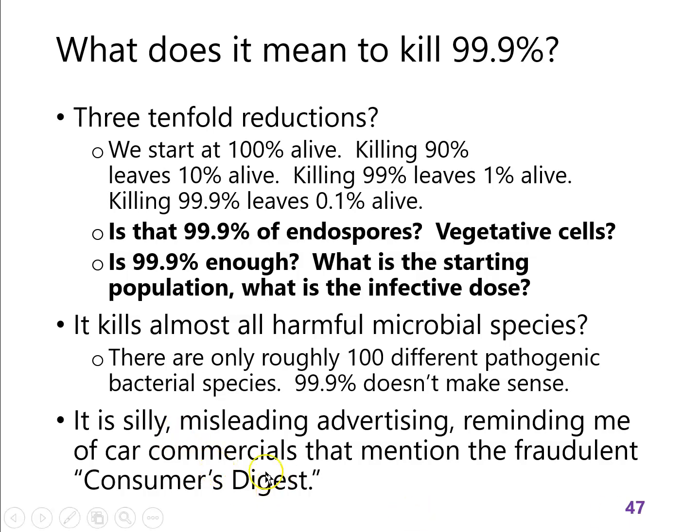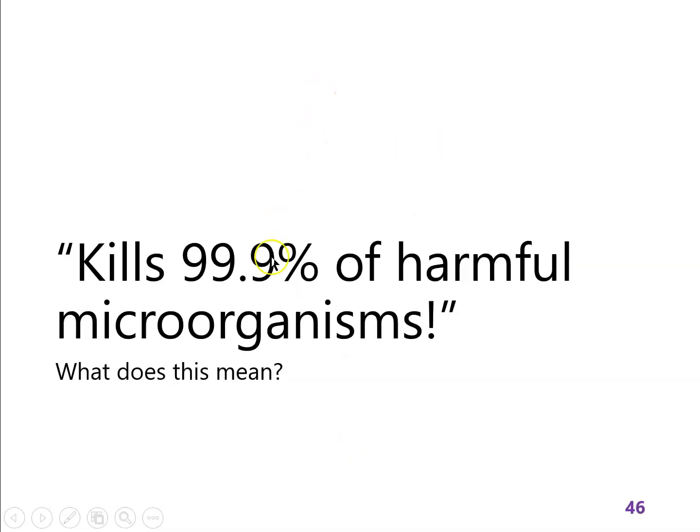So this company, Consumer's Digest, just exists to sell the ability to say Consumer's Digest Best Buy. So if you ever hear a product advertised as being a Consumer's Digest Best Buy, you should get angry that they are essentially trying to mislead you in their advertising. And that's how I feel when I see this phrase.